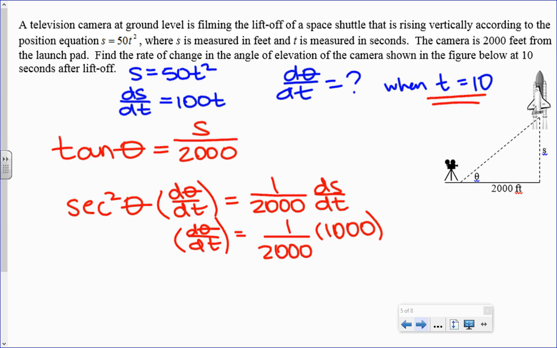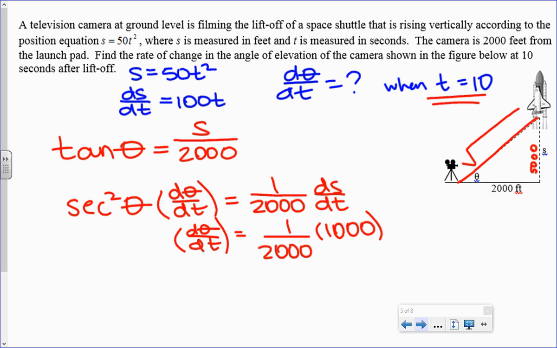When t is 10, what is s? It would be 50 times 10 squared, which is what? So what's this side? 5,000? Could we find the hypotenuse if we have 5,000 and 2,000 as legs? Well, what's 2 squared?